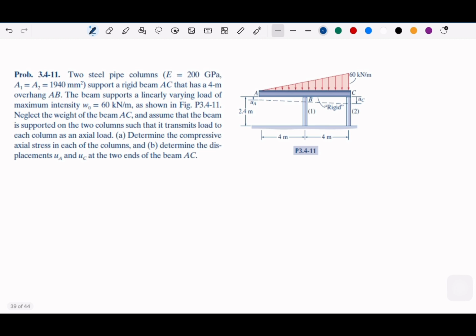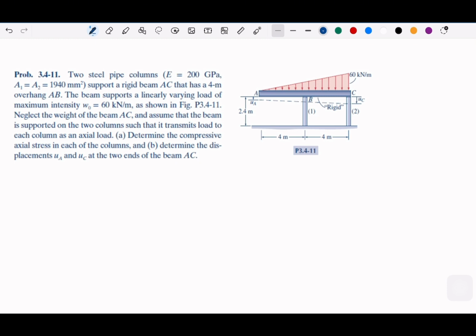It actually has the same problem, but it has some displacement. You have different displacements at A and C, and you get the total force depending on the weight of the distributed load, right?